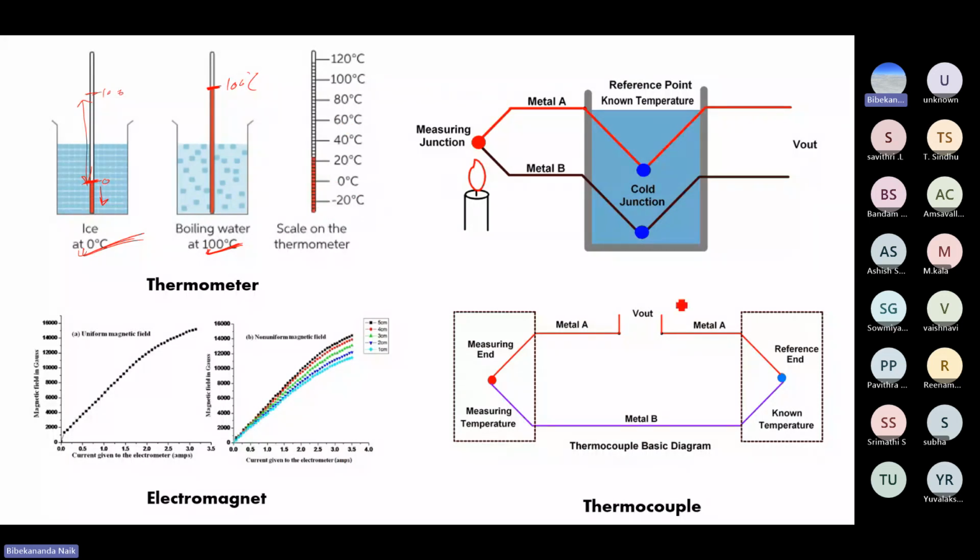Similarly, in the case of a thermocouple, what happens? In a thermocouple, there are two metals, metal A and metal B. Here you can see there are two different junctions. One junction is kept at the measuring end, which is used to measure the temperature. Another is kept at a known temperature.